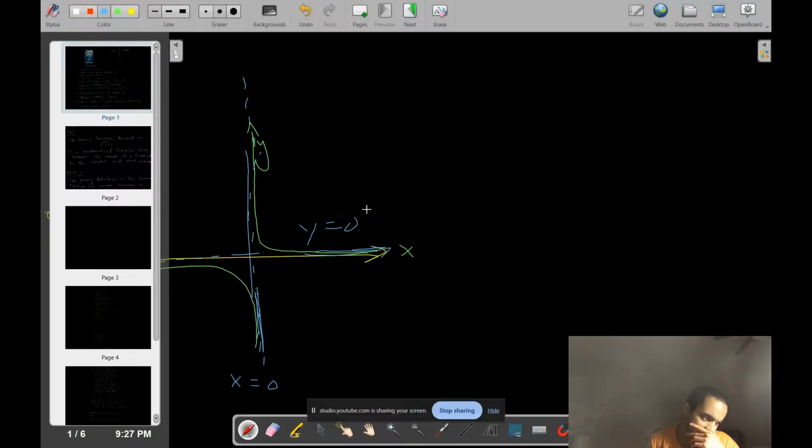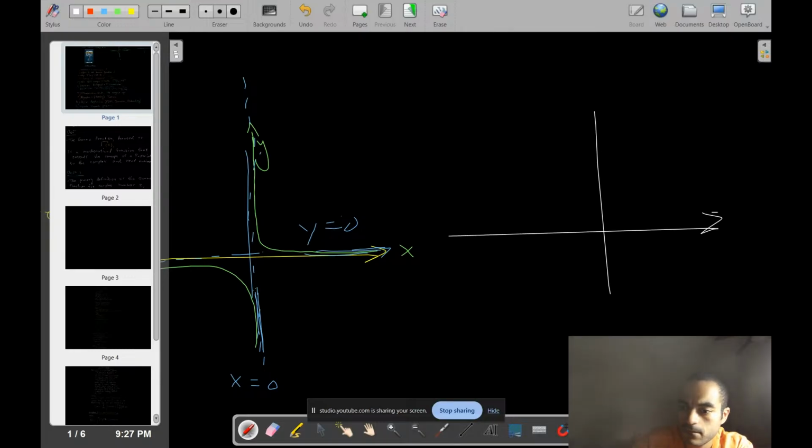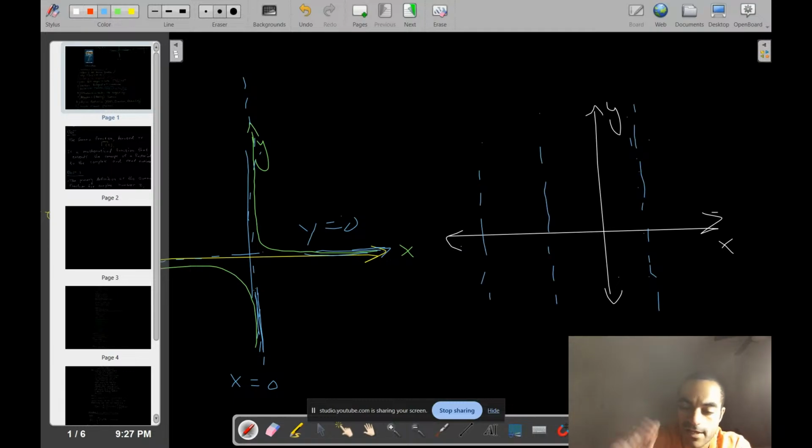Shouldn't be vertical. Oh wait, no, yes. I'm being silly. There are horizontal asymptotes. For instance, if you have a trigonometric function like this, let's say something like secant, cosecant, or cotangent, you have vertical asymptotes for the functions.